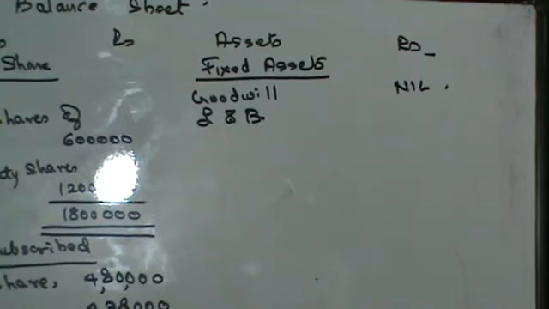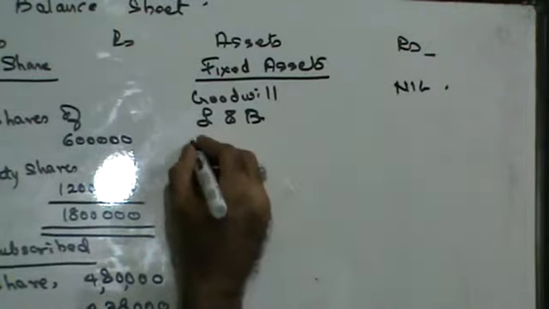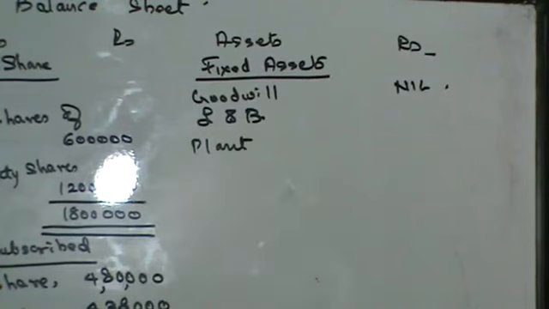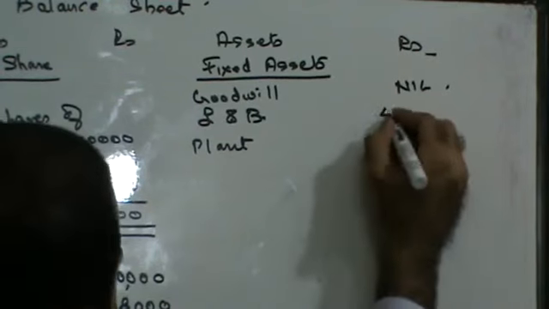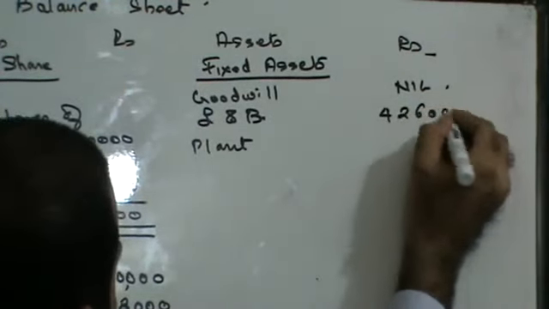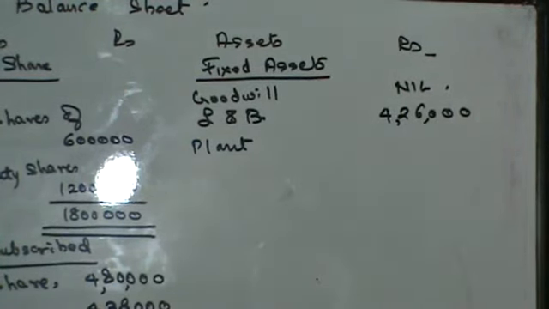So 5,34,000 plus 12,000 minus 1,20,000. Someone cross check please. 4,26,000. Okay.